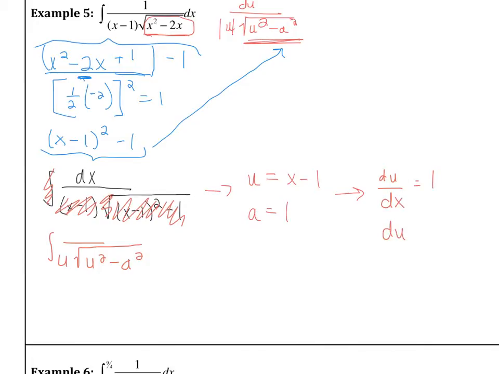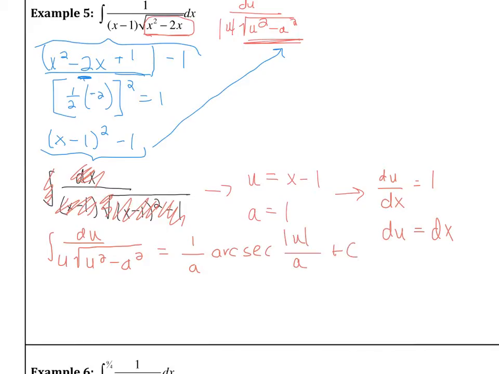So instead of writing dx, I can literally just write du. Yay. And then this goes right to our arcsecant: 1 over a, arcsecant of the absolute value of u over a, plus c, and then we back substitute.